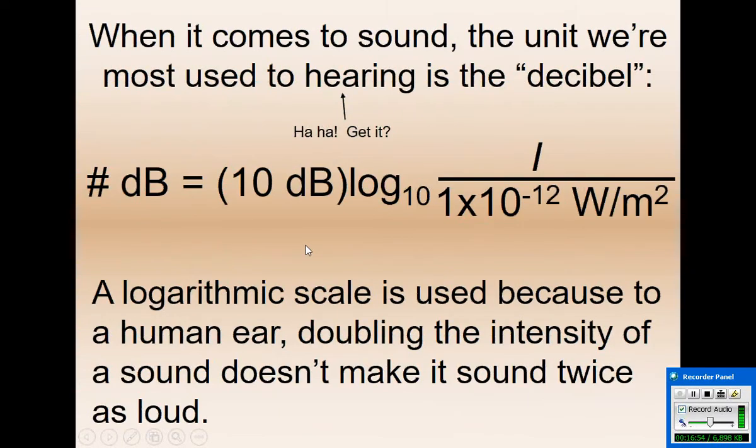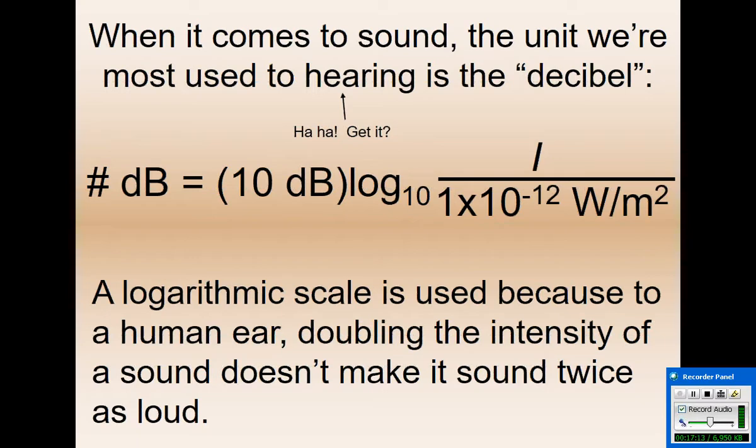When you talk about sound, though, you don't normally talk about intensity. In everyday conversation, if you talk about the loudness of sound, you're going to talk about the decibel. What's the decibel, and how does that relate to this conversation?